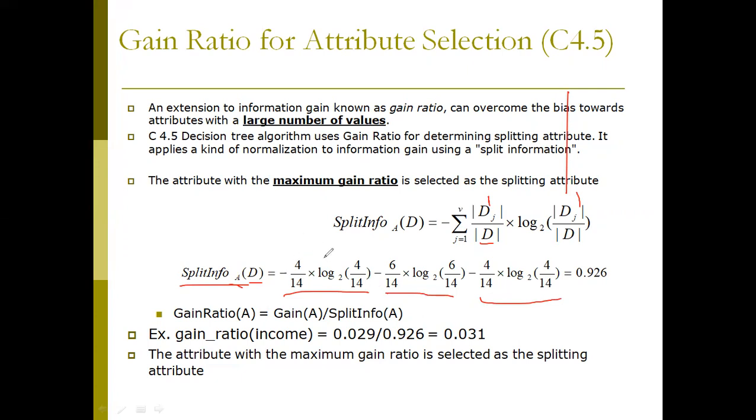Because income is high under the high data object, we have 4 records. For this, I have substituted here minus 4 by 14 into log base 2 of 4 by 14. Then the second data object is medium.